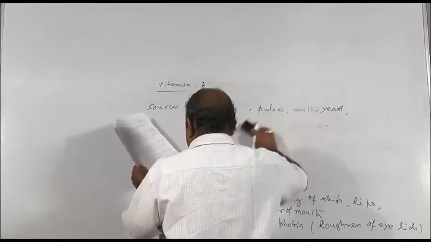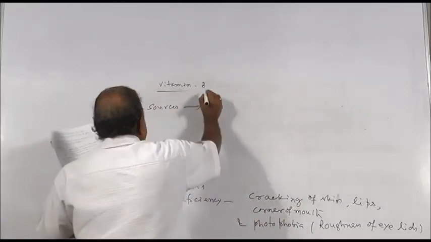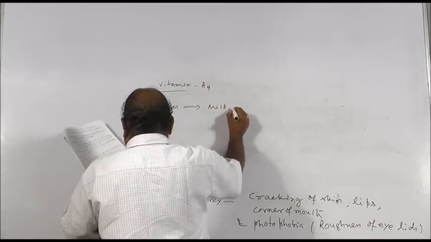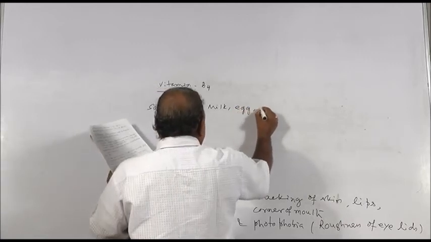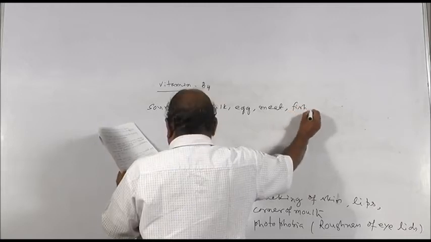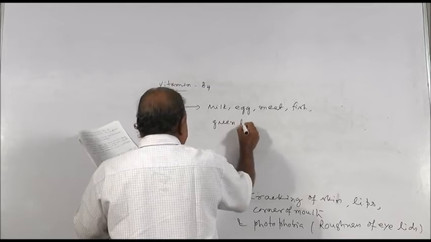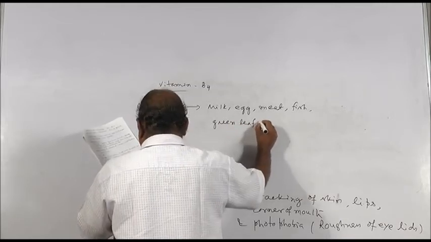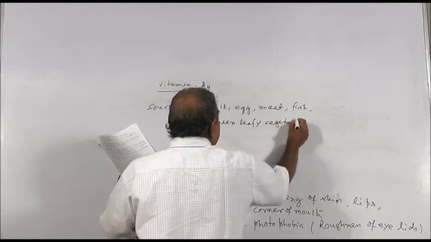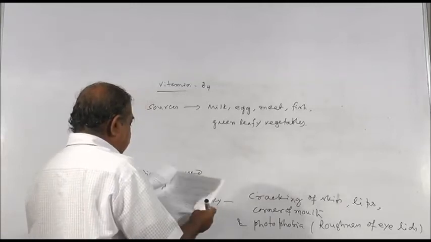Next is vitamin B4. The sources from which you can get this vitamin are milk, egg, meat, fish, green leafy vegetables. These are the different sources where you can get vitamin B4.